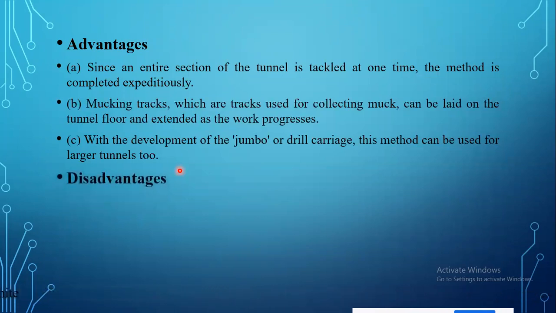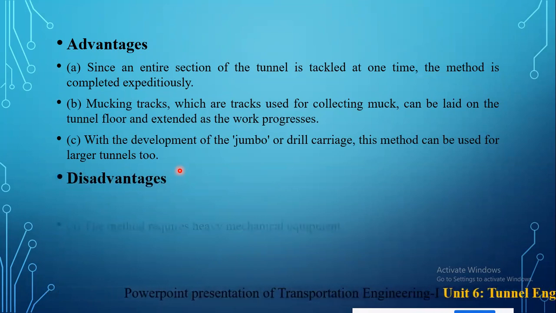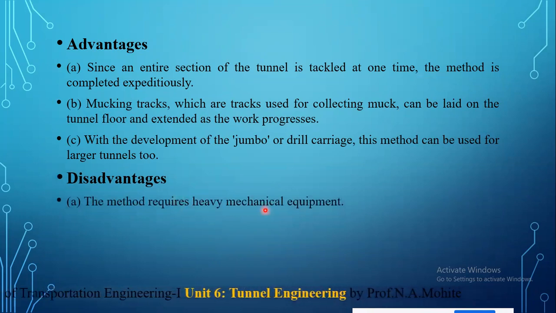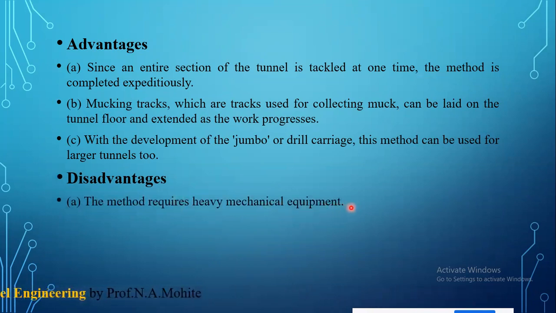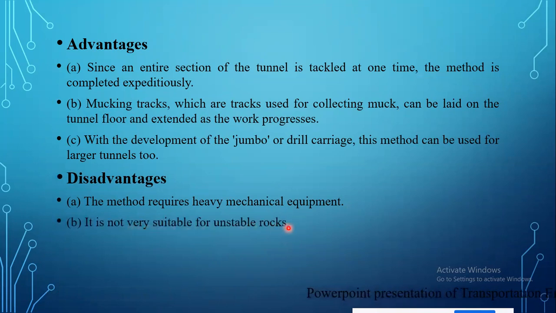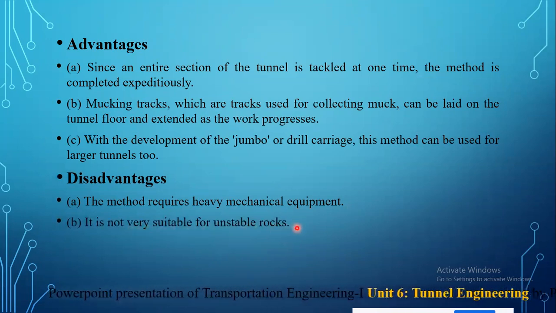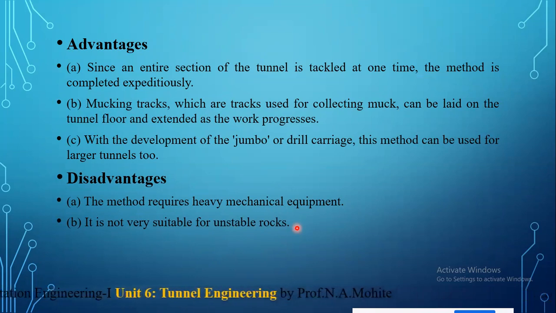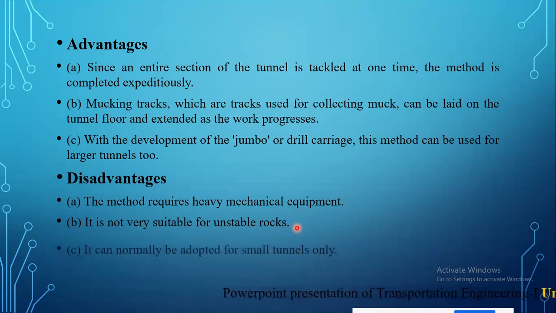But there are certain disadvantages of the full face method of tunneling. The method requires heavy mechanical equipment; as I told you, the tunnel boring machine is the example. Then it is not very suitable for unstable rocks, so whenever there is a presence of falling rocks, you cannot go for the full face method.